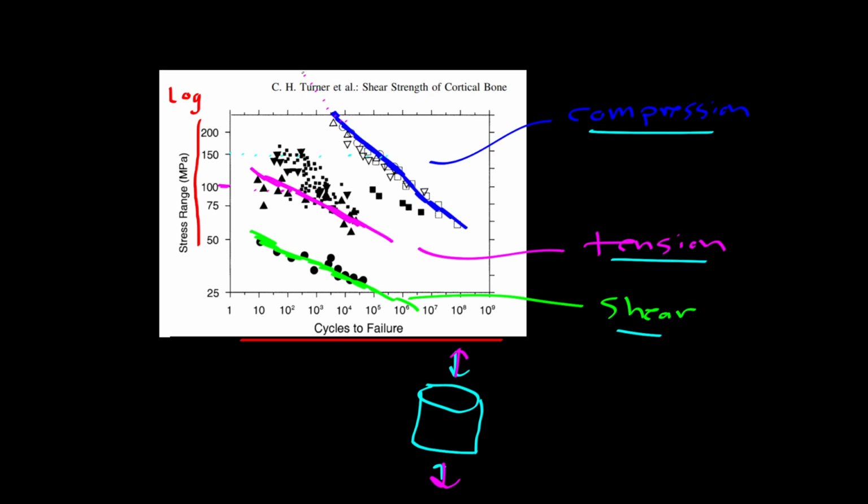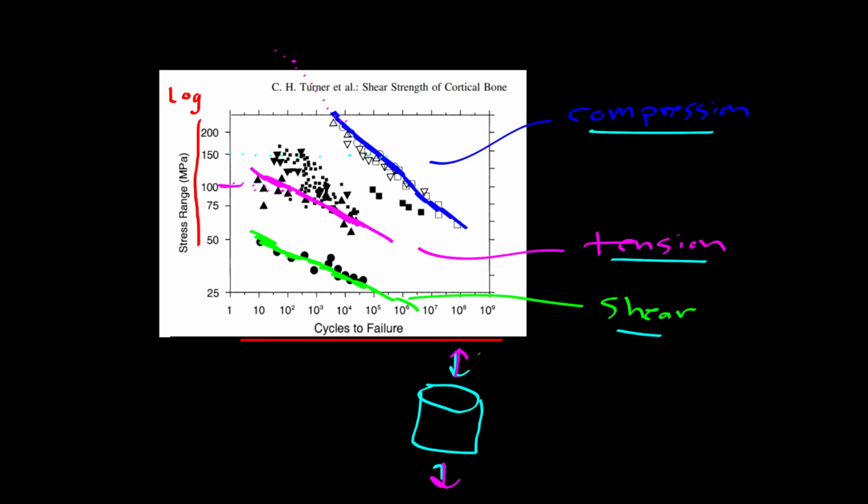In fact, it looks like if we extrapolate the compression curve, at 100 megapascals of loading, it might take 10 to the 6th versus in tension only 10 to the 2nd. So 100 versus a million? Huge difference in mechanical strength.